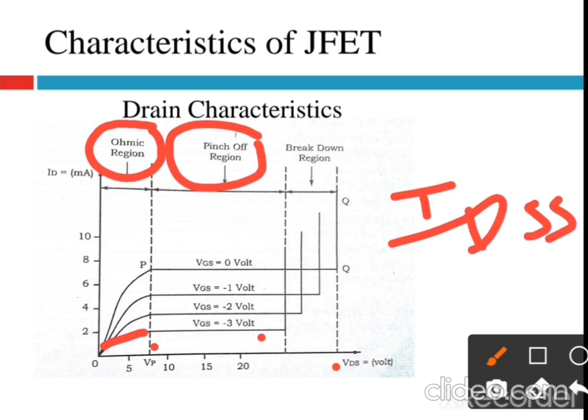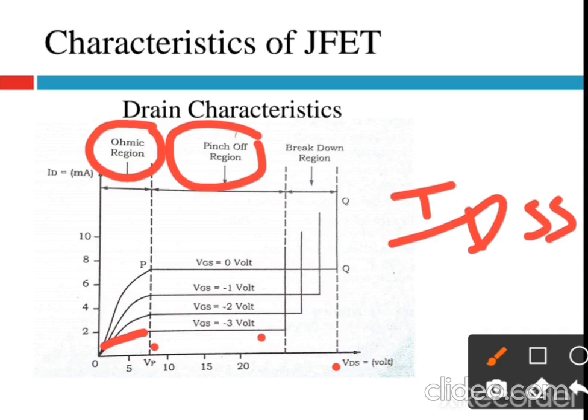We discussed this in our last video on the working of JFET: IDSS is the drain source saturation current, the maximum drain current when the value of VGS is equal to 0, and it is denoted by IDSS.